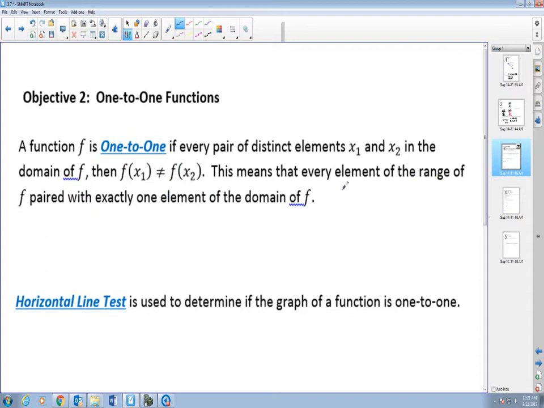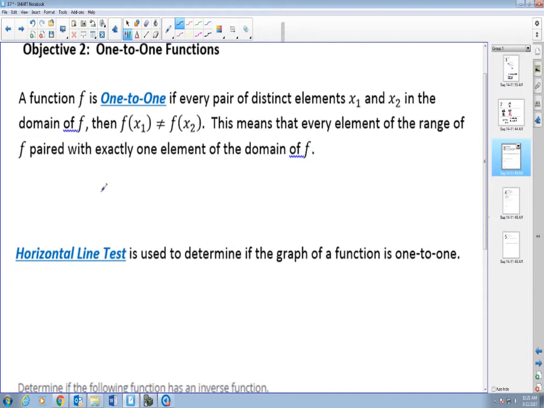That means that every element of the range of f pairs with exactly one element of the domain of my function. So what that means is this: if I have two distinct x values, plug into the function, whatever the function is, then the two y values should not be the same.